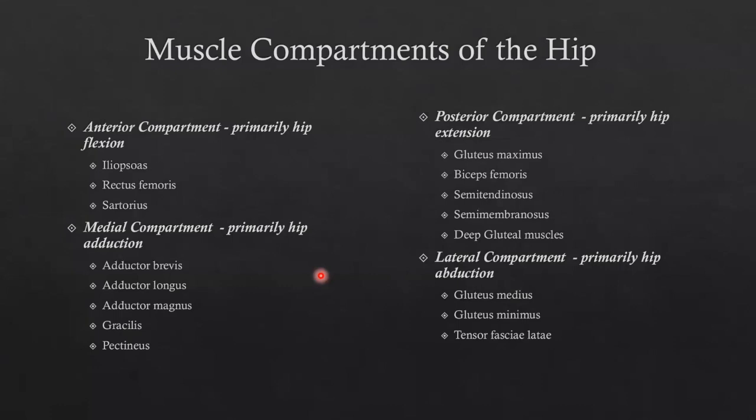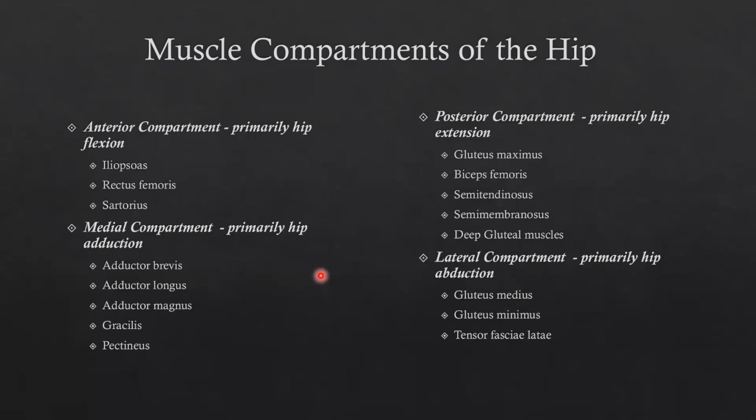You notice here that, for simplistic purposes and just to help you organize their primary responsibility as far as hip movement is concerned, wherever they are located will give you a sense of what they actually do about the hip joint.